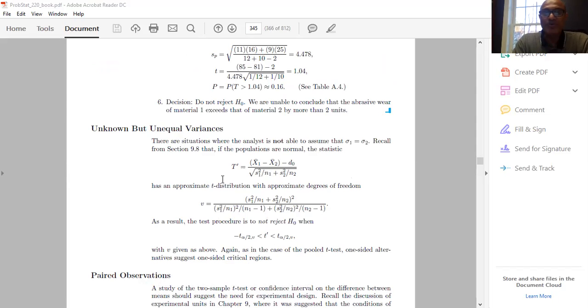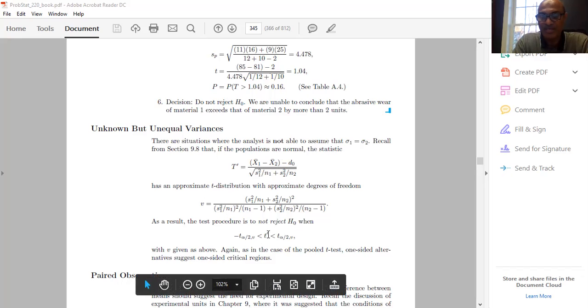Okay, guys, because we want to distinguish this one, I would like to write it as T dash equals x1 minus x2 minus d0, divided by the square root of s1 square by n1 plus s2 square by n2. The s1 and s2 will be provided to us, the degree of freedom is given like this, and negative t alpha by 2, v is less than t dash is less than t alpha by 2, v.